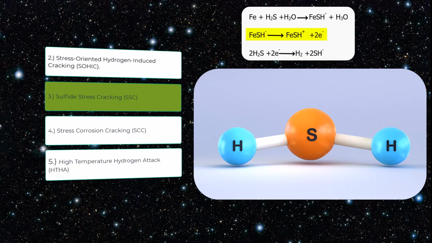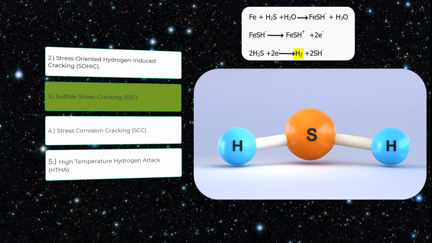And those electrons go straight to the remaining H2S, and that produces H2 plus 2SH. And that H2 is the key because it's in wet hydrogen, and there is the generation of the hydrogen ion from H2S and water and iron in solution. So what we have for sulfide stress cracking is generally a sulfide, an H2S, that is a hydrogen ion generator for the embrittlement or the cracking of the steel.